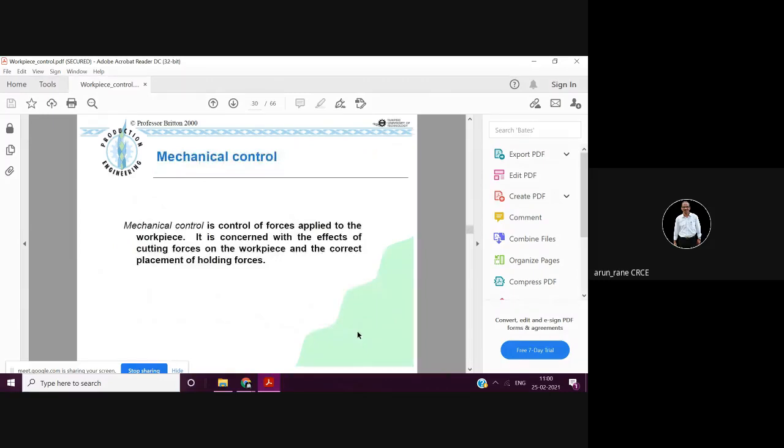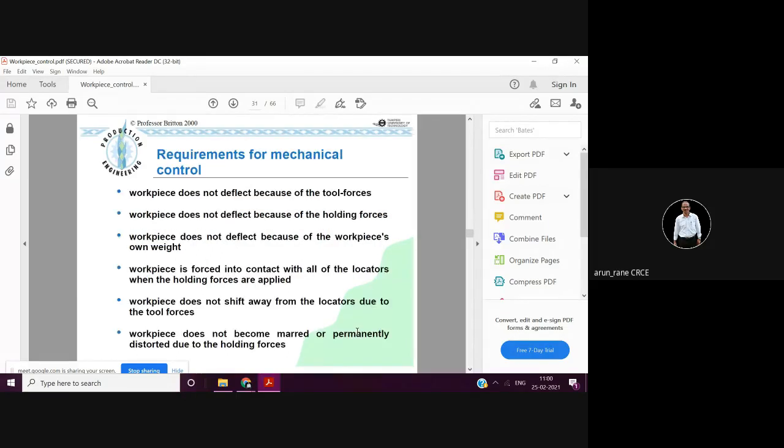And then mechanical control is nothing but control of forces applied to the workpiece. That is, the workpiece should not deflect, should not distort. There should not be any marks. So what are the requirements for the mechanical control? That the workpiece does not deflect because of the tool forces and the holding forces.